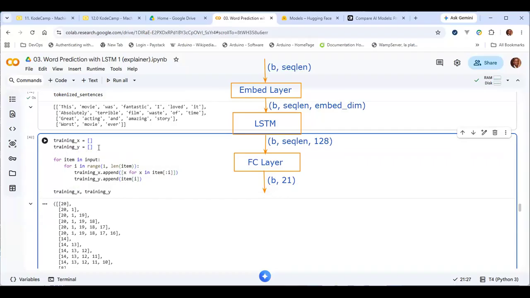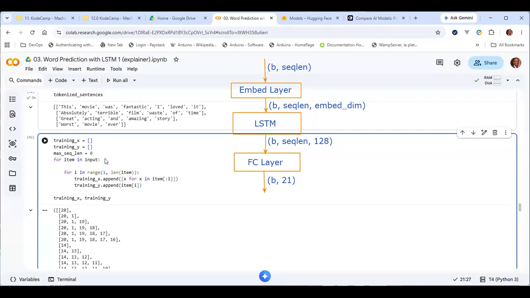So I could track that here with max sequence length, right? And I could say max sequence length equals 0. So since we are doing for I in range 1 to length of item, right? The length of item is actually the sequence length, right? For each one. So we could just say sequence length is length of item. Okay, that's the sequence length.